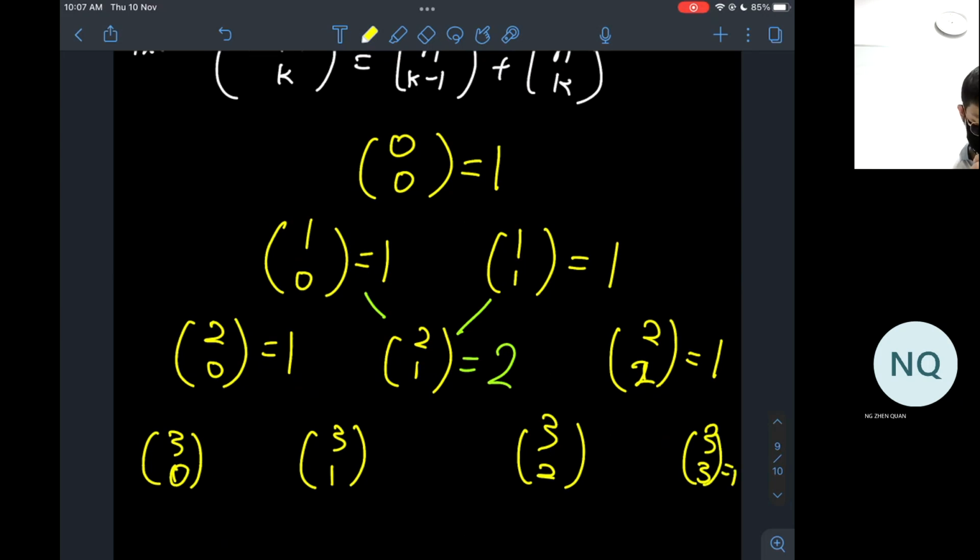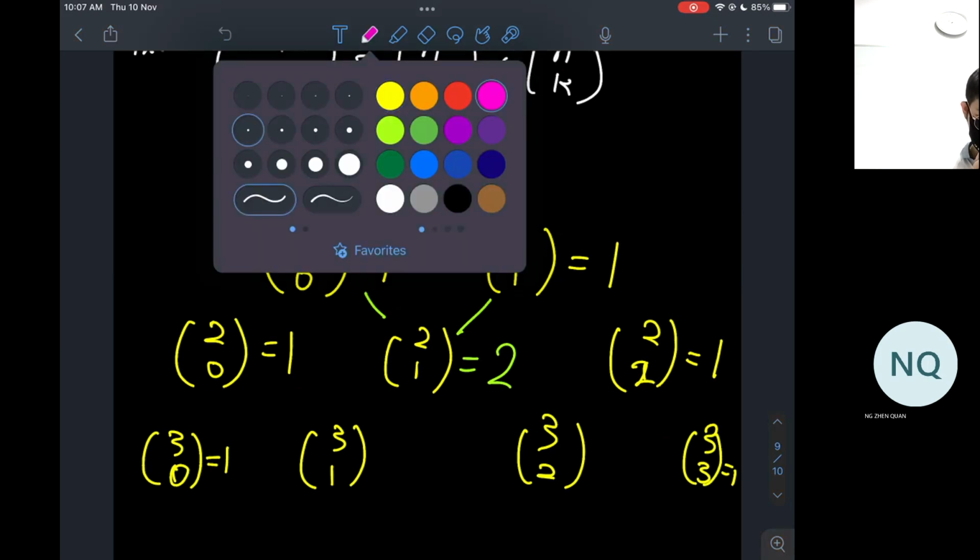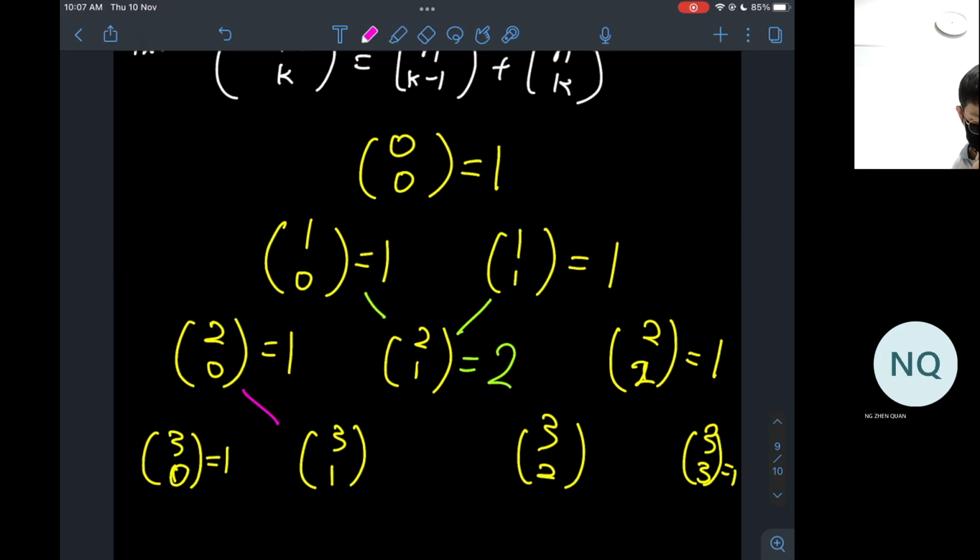So similarly, both ends are 1, but the middle part comes from n plus 1 becoming n. The next row has something to do with the previous row, k minus 1 and k.